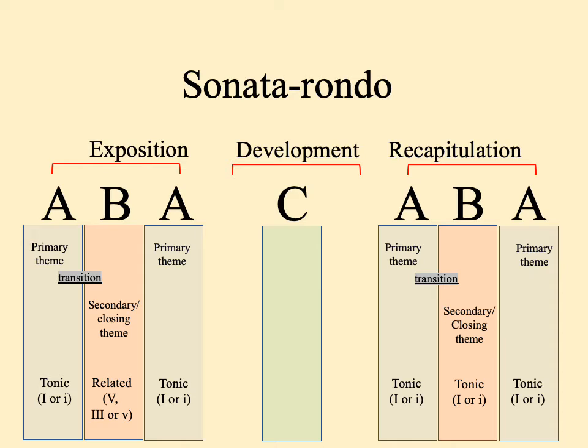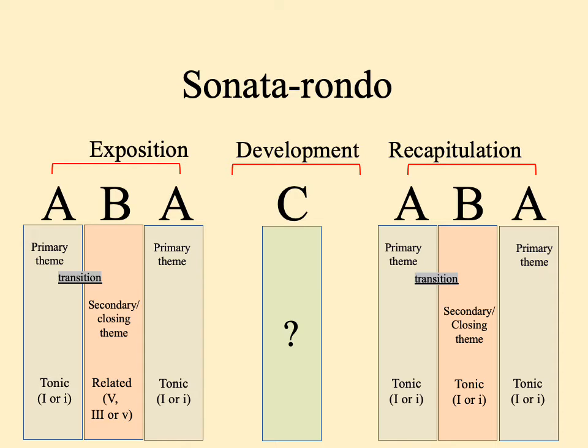And as far as section C there that functions as the development section, who knows? The question marks let us know that, like is the case in sonata development sections and binary B sections, this section may be characterized by tonal instability. It may go through a few different keys, may visit all sorts of related keys without really settling comfortably into one.